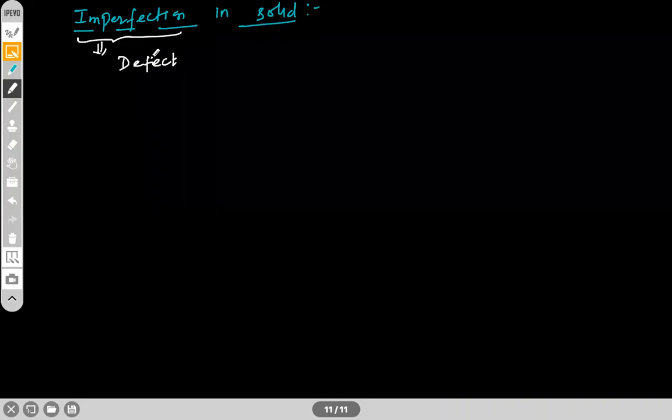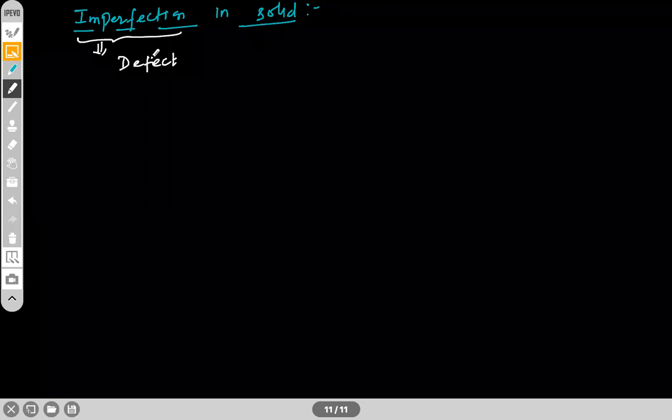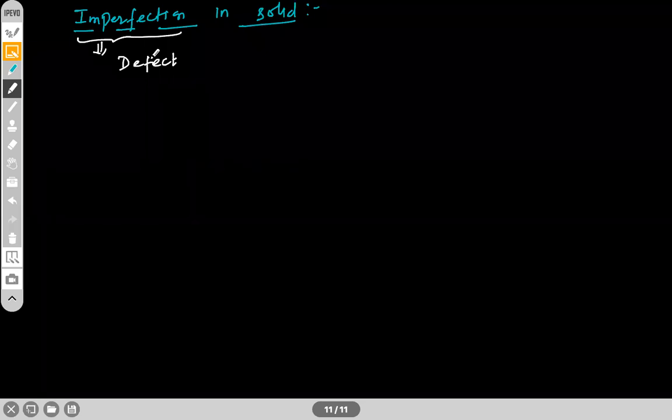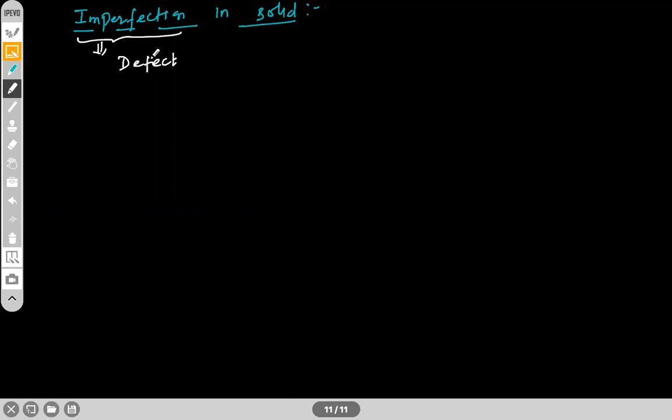Imperfection is nothing but defect. And what is defect or imperfection? It is the departure from the perfectly ordered arrangement of constituent particles in the crystal. So write down the definition of it.